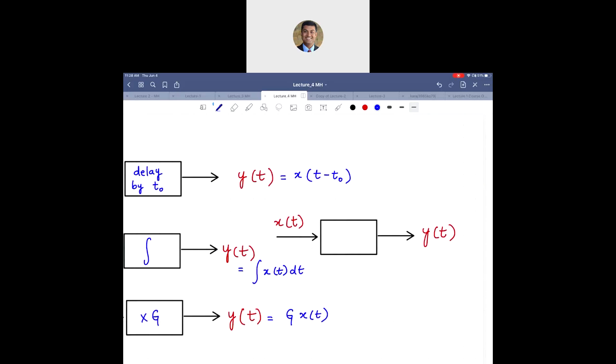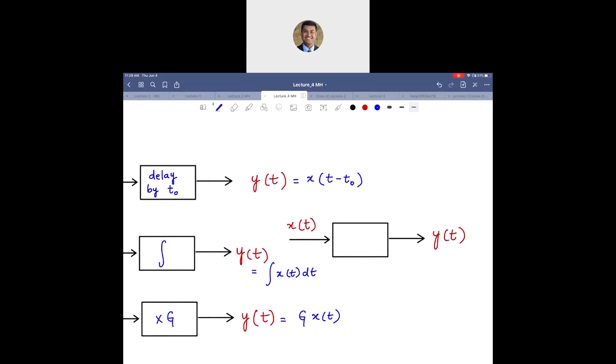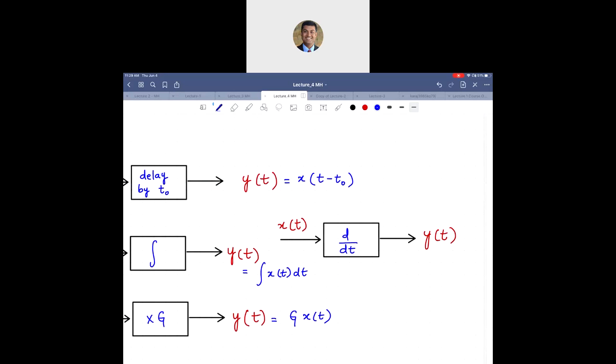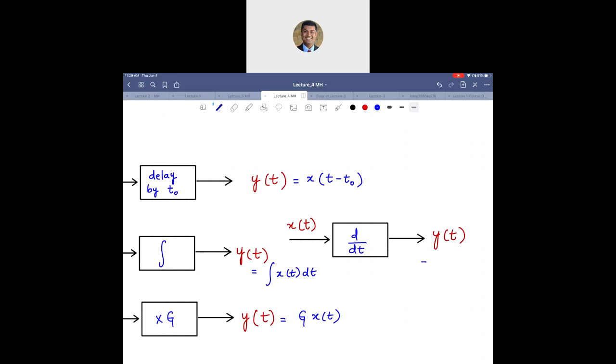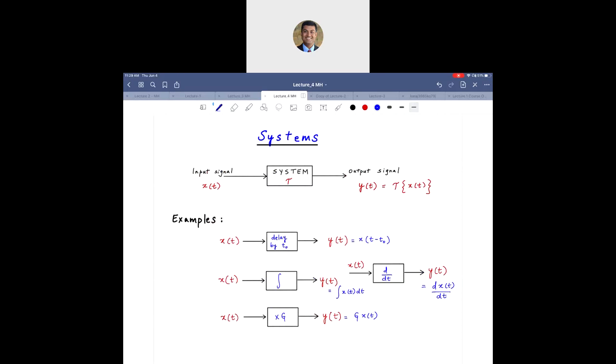And if you can have an integration, then you can obviously have a derivative. Y of t over here can be represented as dx of t divided by dt. So these are some examples of systems. Now we will know more about the systems if we look at some underlying properties of those systems.